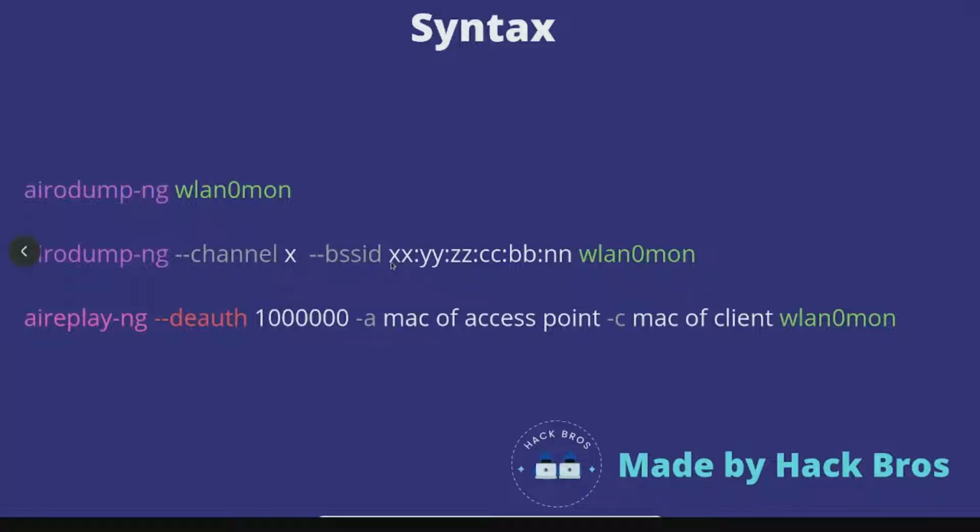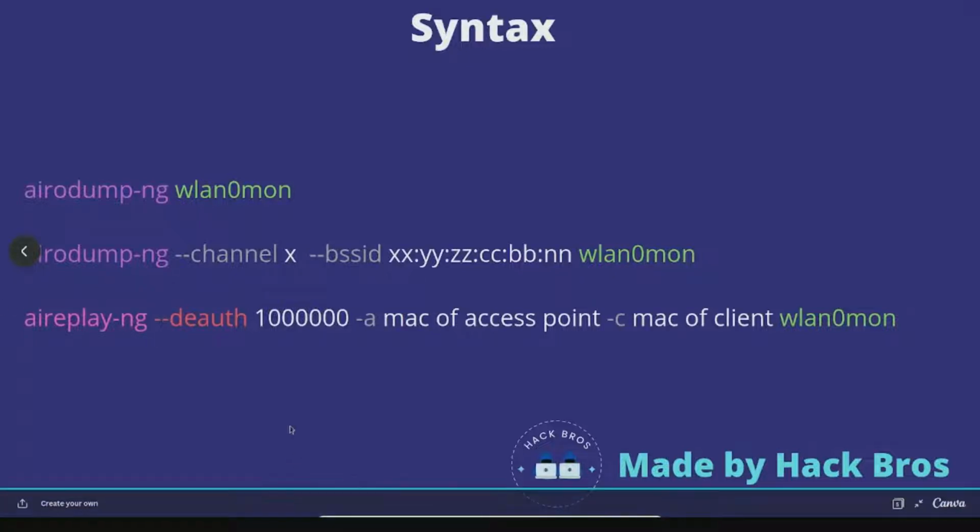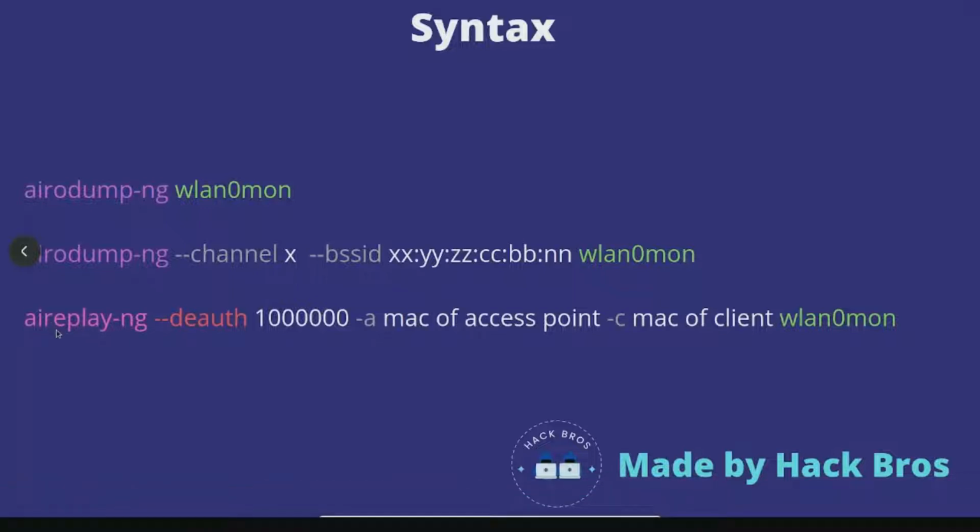We need to mention the MAC address of our network, and later write the interface name, which is wlan0mon or wlan0. And later we need to perform the deauthentication attack with this command. Aireplay-ng is a command for performing attacks, and later we need to mention --deauth. It means we need to perform a deauthentication attack and do it.